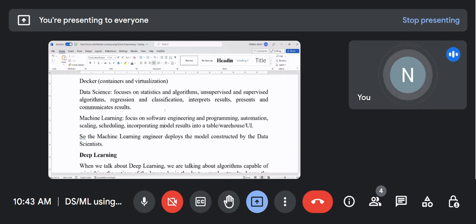In case of machine learning, we are talking about programming and coding, how to perform all these steps: cleaning, analysis, prediction, classification, whatever. This is done with the help of a programming language.